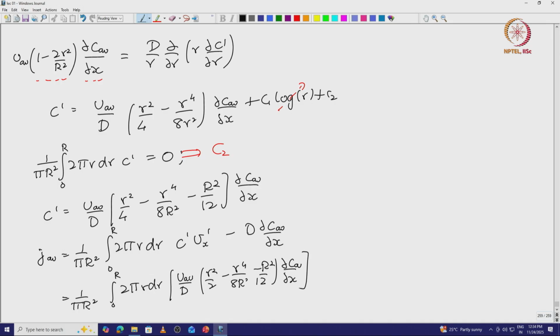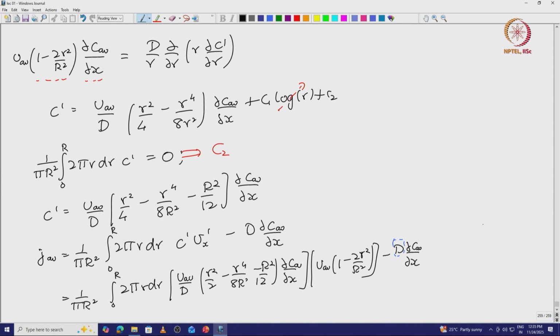And V x prime is V average into 1 minus 2 R square by R square, minus D partial C average by partial x, where D in this case is the molecular diffusion coefficient.